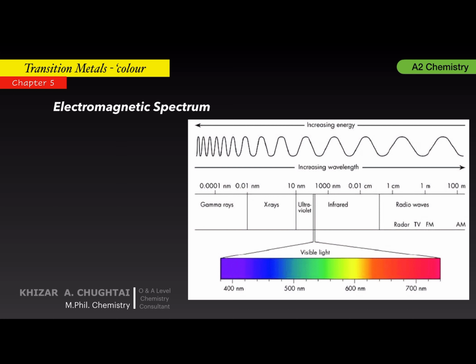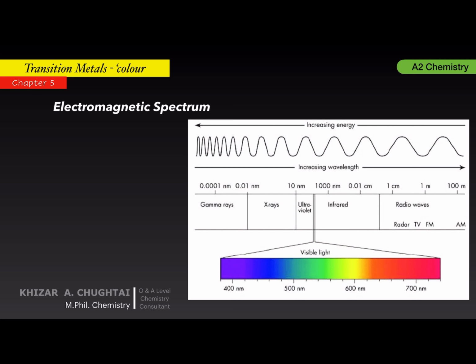The rest, gamma rays, X-rays, ultraviolet, infrared, and radio waves, cannot be seen by the normal human eye. So any object that is reflecting or transmitting light, the radiation lying in this region, will show a color.